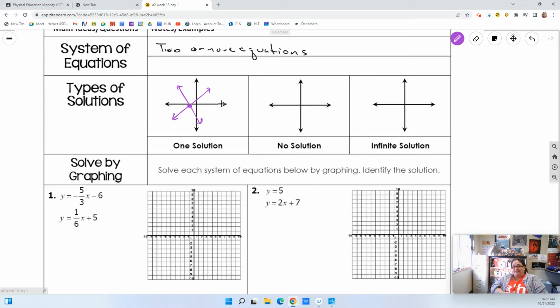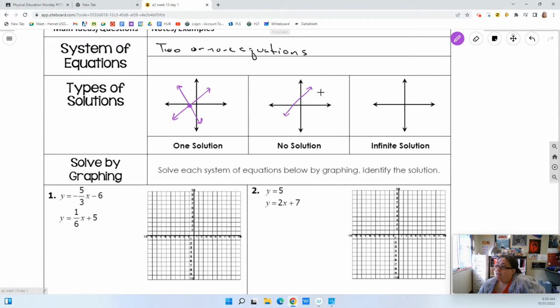Crickets. I hear crickets. Yeah, exactly, Linda. Parallel lines. Parallel lines never intersect, right? They go on forever and ever and they never cross, which means that if we have parallel lines graphed on a plane, let's see if I could draw something even close to parallel lines.